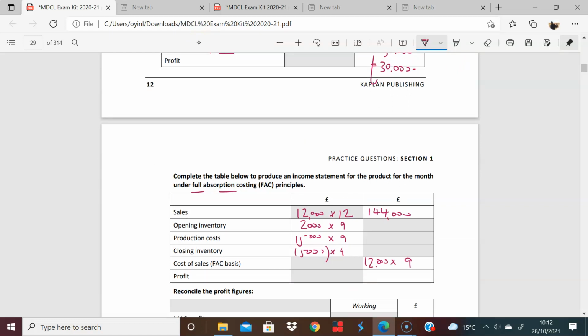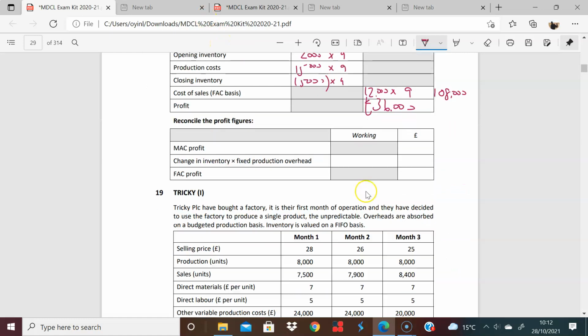And so 12,000 times 9 is 108,000, and when you take that away from 144,000, you have a profit of 36,000.